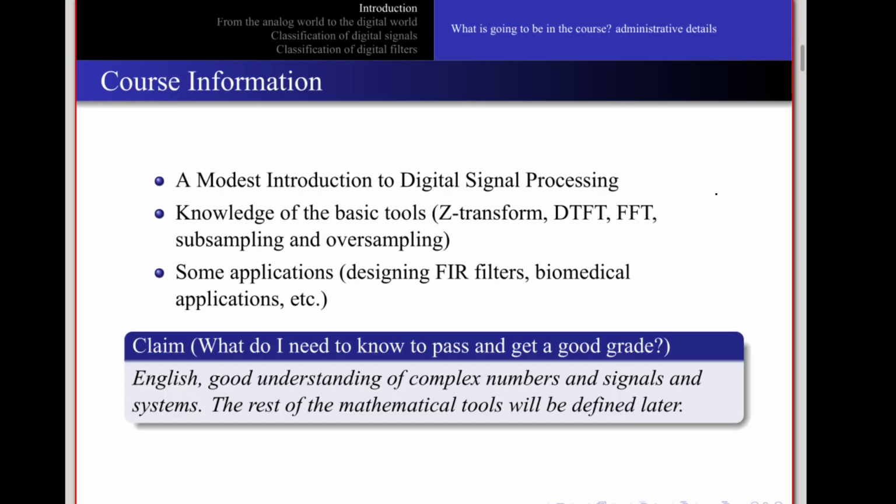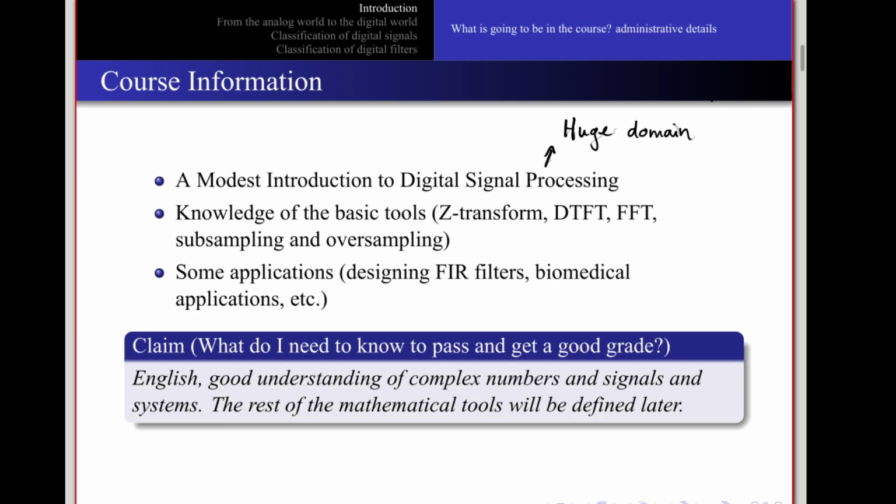So what's going to be in this course? It's a very modest introduction to digital signal processing, because this is a very, very wide domain. Chances are that people interested in signal processing will continue studying this part in their master's degree. So we're going to talk about the basic tools of digital signal processing: the Z transform, the DTFT.